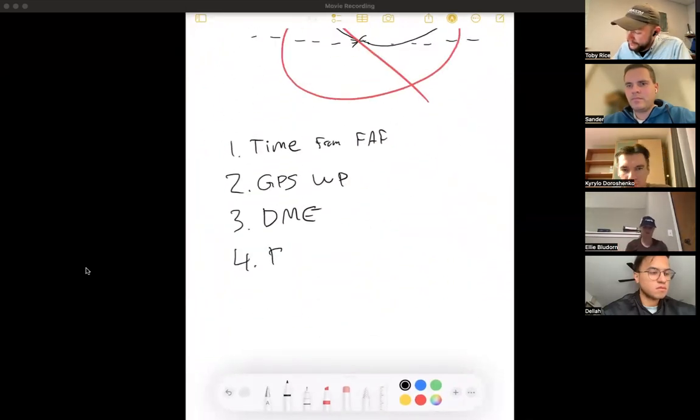is a radial. You might cross a certain radial off of a different VOR. So I'll draw this out here.